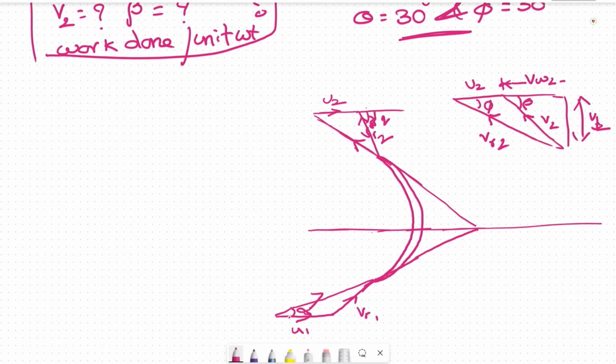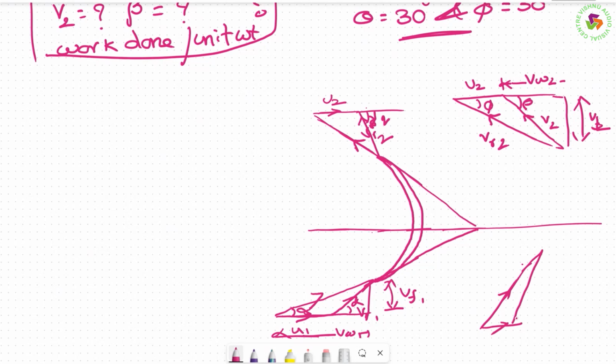Here also, if I continue, this is VW1. This is VF1, and this is what we call alpha. So this is how inlet, this is how outlet, then combined.